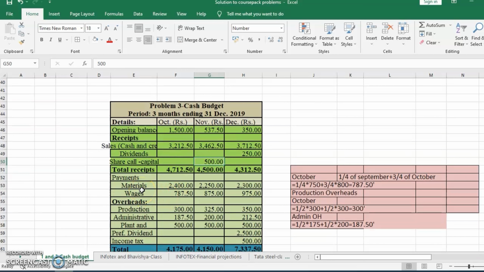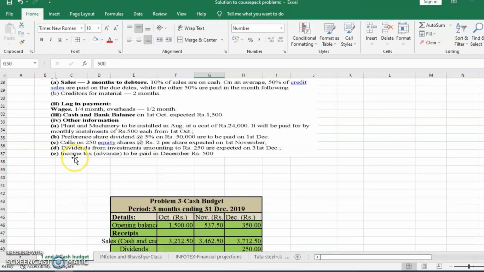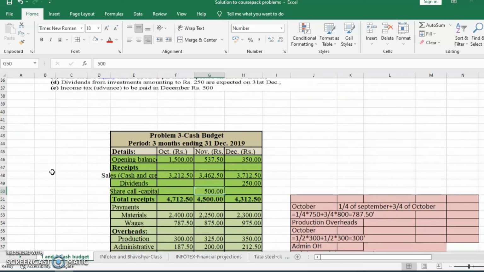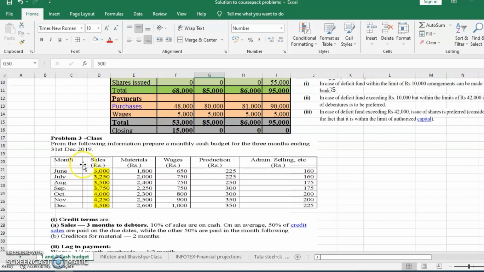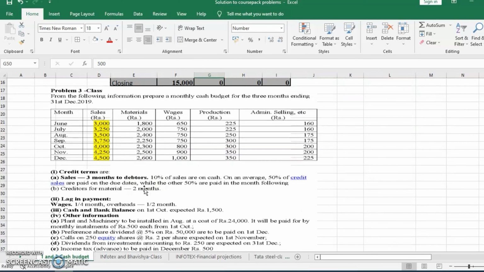Now what is spoken about the payment? Now if you look at your materials, they have said that creditors for the material is 2 months. So which means your creditors, your suppliers are allowing your credit period of 2 months. So what I have bought in the month of June, so July, August, so August I shall pay. Okay, July I shall pay in September, it goes on like that.